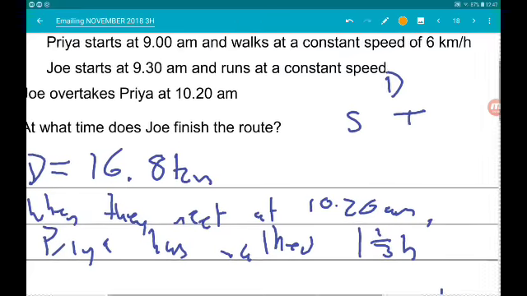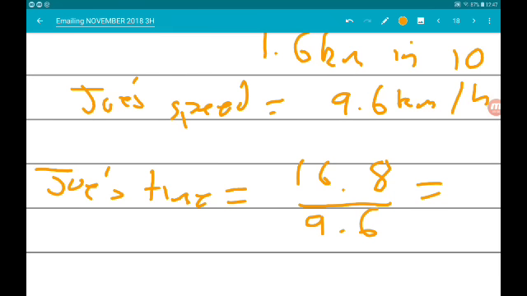That gives us 1.75 hours. So that is 1 3/4 of an hour.